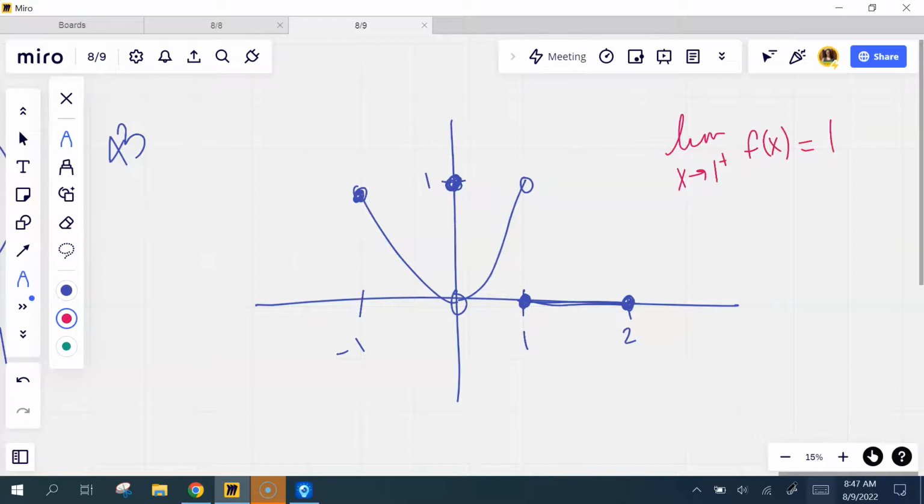If you approach 1 from the right, this is the right, right? As I come in this way and I'm getting closer and closer to 1, what is my y value getting closer to? 0. So that's false. That would be 0.